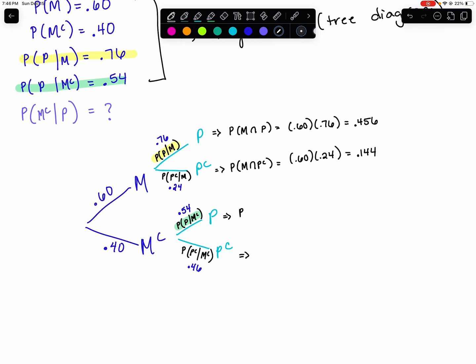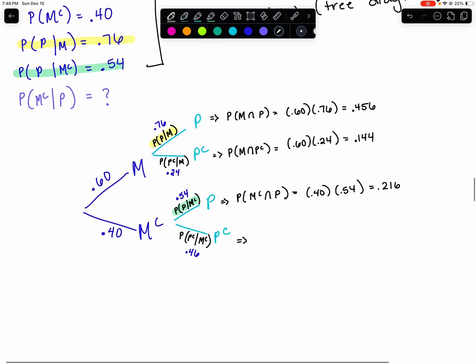Then this will be the probability that he misses the first serve and gets the point, which is 0.40 times 0.54, which is 0.216. And then finally, the probability that he misses the first serve and doesn't get the point as well, 0.40 times 0.46, which is 0.184. Okay.